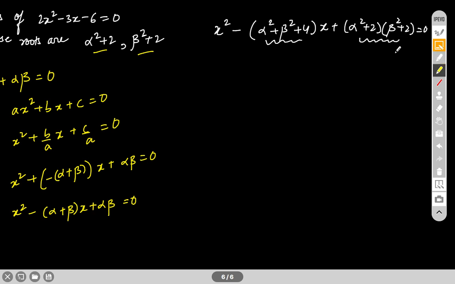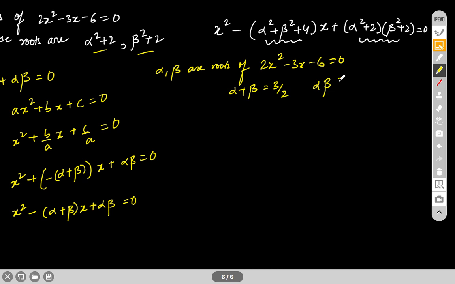Now, alpha plus beta, according to this equation, where alpha and beta are roots, alpha plus beta is 3 by 2 and alpha beta is minus 3, correct?